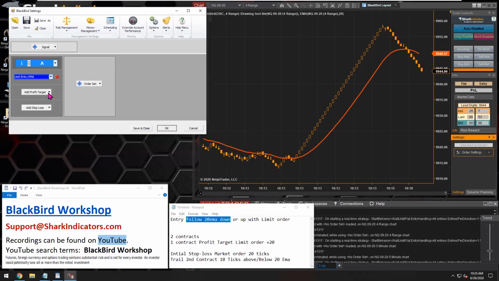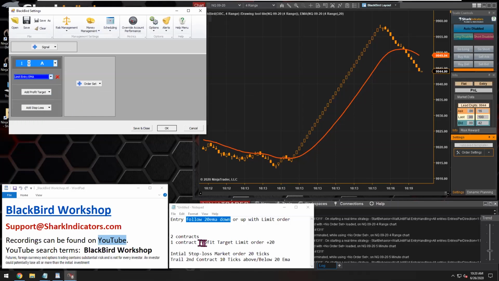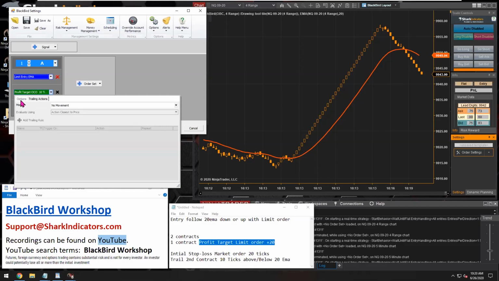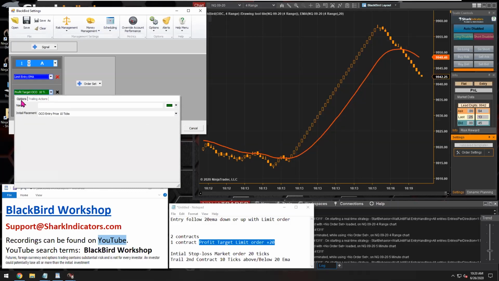So now we can jump down to the profit target. That's just going to be a simple 20 tick profit target for the first contract. So let's go to profit targets, and let's just pick the 10 tick one from our quick list, and then open it up and go over to the options tab.